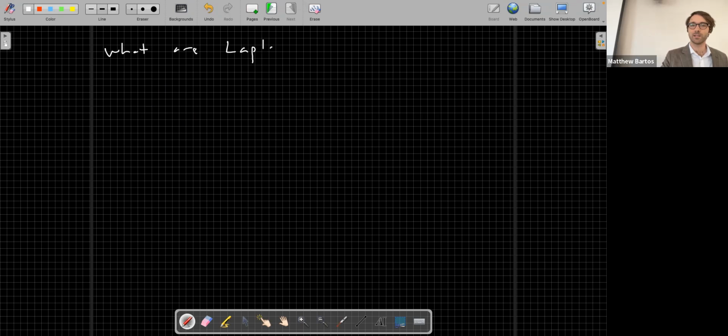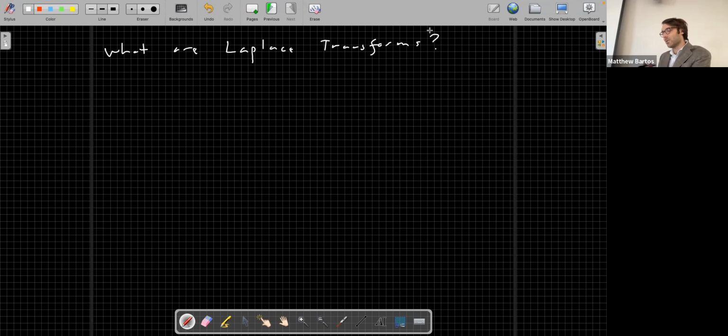So who here is familiar with Laplace transforms? This is probably something you visited in undergraduate differential equations. Who remembers what a Laplace transform is? Who's used one recently? Has anyone used them in graduate school? A little bit.